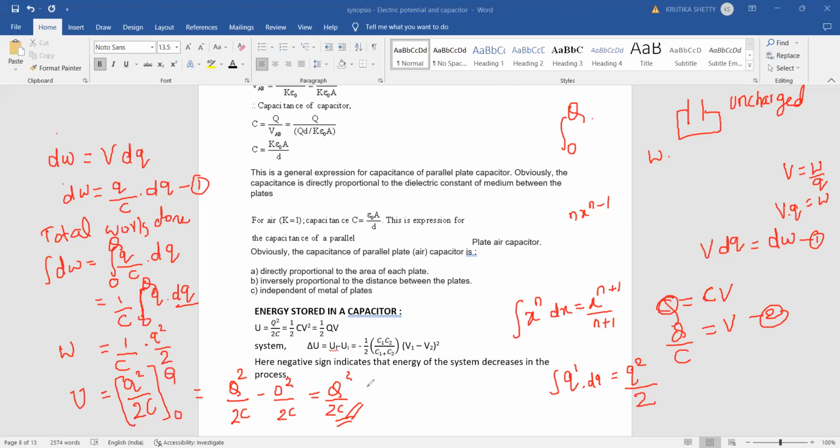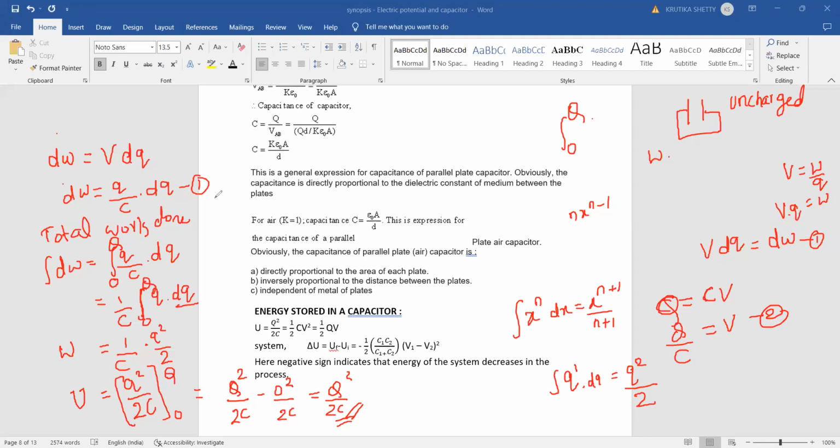So wherever energy stored is there, we need to start with work done. Here work done is equal to potential into charge. So substitute the value of potential from the capacitance derivation. Total work is given by integration of equation 1.